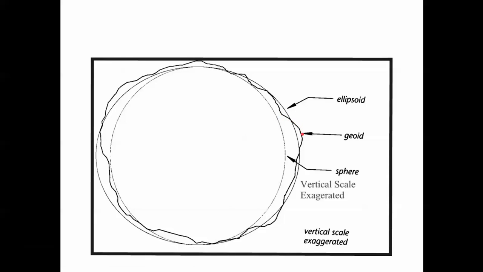Well, if we simplify that and try to make it into a good approximation that includes the flattening on the top and the bottom and the bulge at the equator, but in a simple form based essentially on two numbers, the equatorial radius and the polar radius, we get the reference ellipsoid.